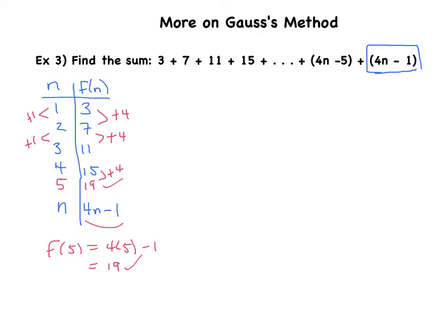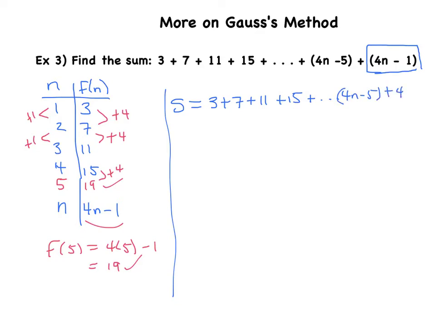So let's use Gauss's method and point out some important features about this example. Let's try a good color here, blue. Alright, so S equals 3 plus 7 plus 11 plus 15 all the way up to the last two terms.